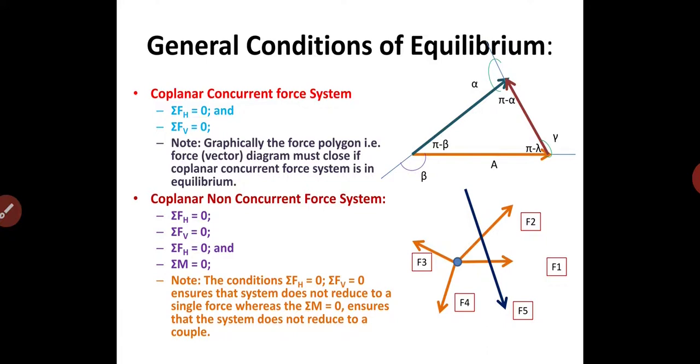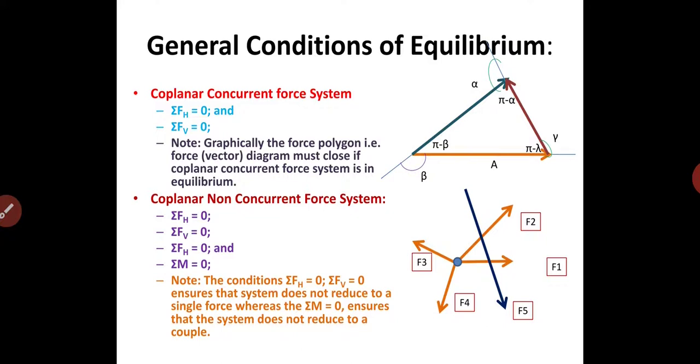There will be no moment due to the concurrency condition, so that criterion is eliminated, and the conditions of static equilibrium are summation F horizontal equal to 0 and summation F vertical equal to 0. Note here, graphically the force polygon, that is the force vector diagram, must close if a coplanar concurrent force system is in equilibrium. How is it drawn?